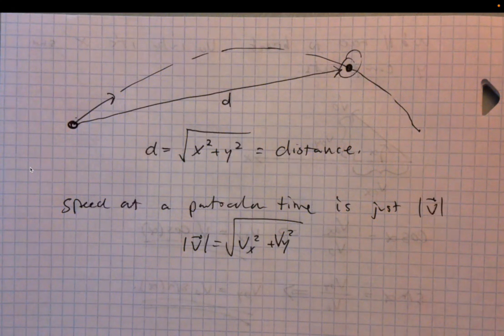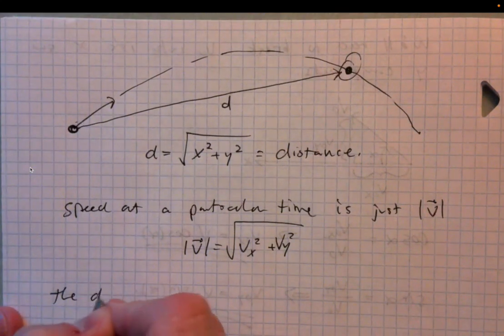The direction of the object's velocity is another question that we'll see. Another item we'll be asked to calculate. So what is the direction of the object at such and such time? Now, usually when we try to describe the direction of the object at such and such time, the most convenient way to do it would be to give the angle that the velocity vector makes with the positive x-axis.